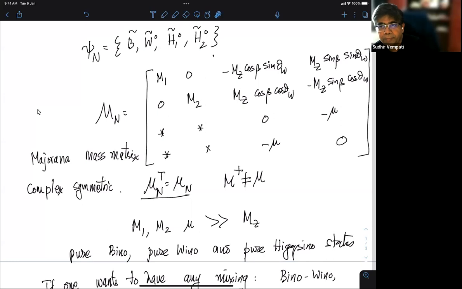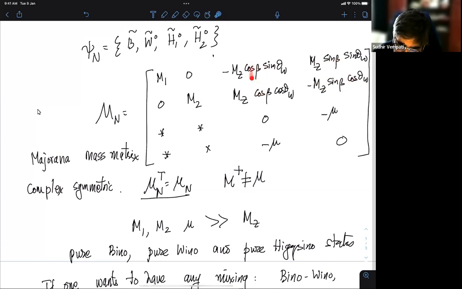So it plays a role, but not as significant, with other parameters fixed. Sin beta is order 1. If tan beta is greater than 5 or 6, sin beta is already order 1. So these terms are essentially Mz sin theta W, Mz cos theta W.